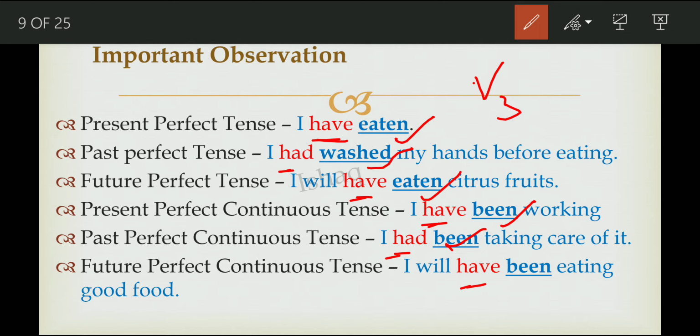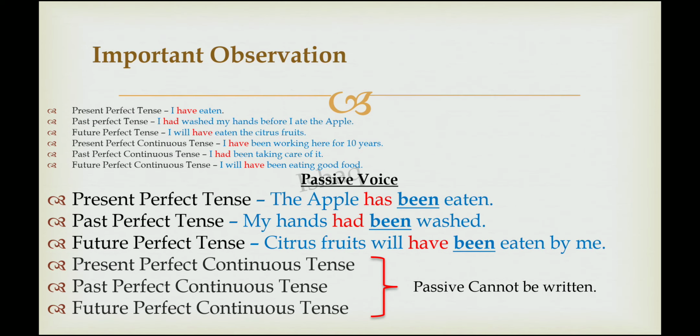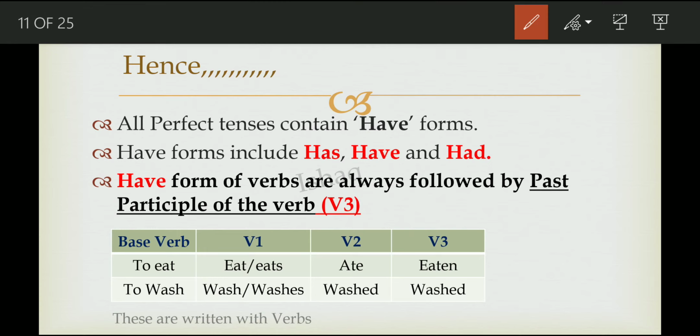Even in passive voice, this is the conclusion we are getting. So have forms of verbs are always followed by the past participle of the verb, v3. Just remember this, very important thing.